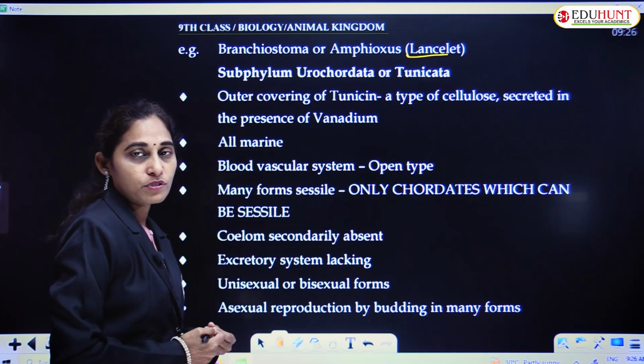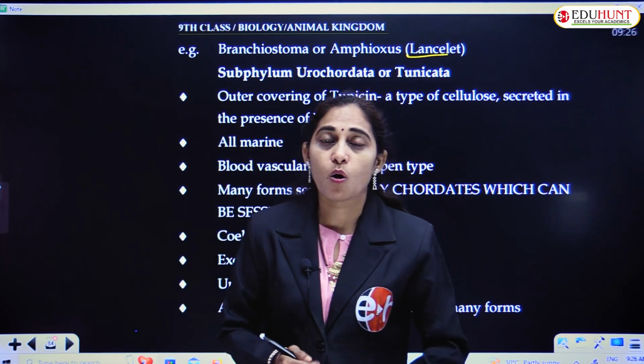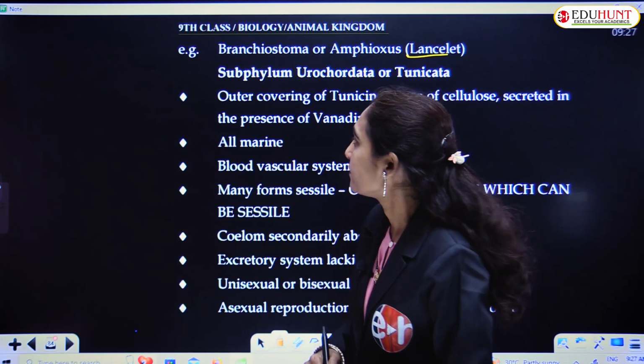Branchiostoma or Amphioxus is the best example of a cephalochordate.